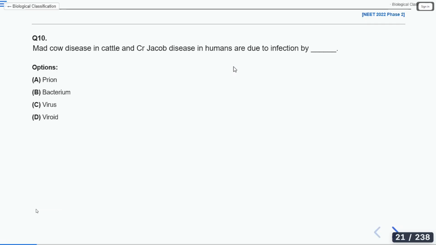How will you give an answer like A or C? Okay, A. Okay, let's see. What do you mean by a prion? What is a prion?